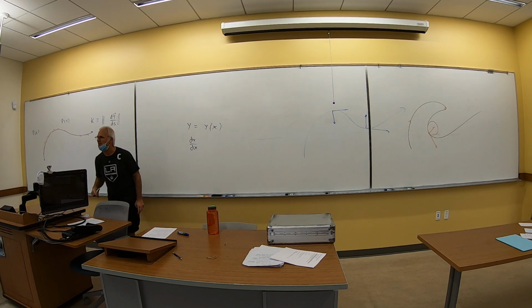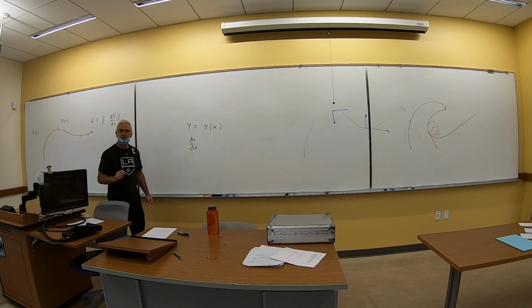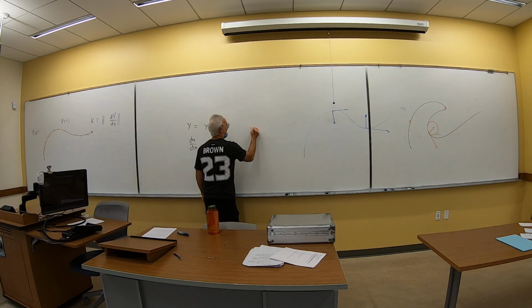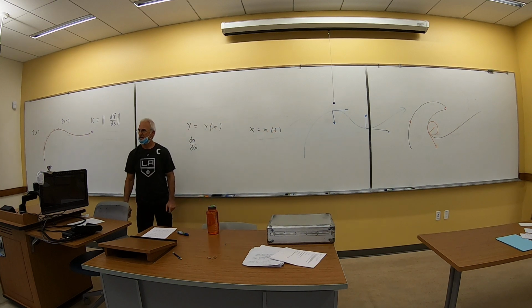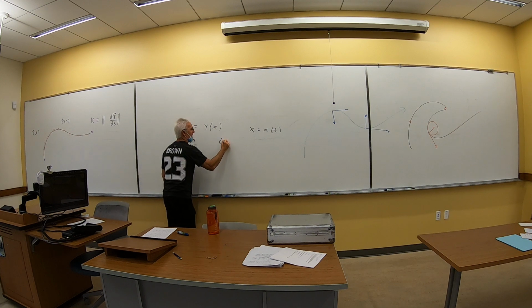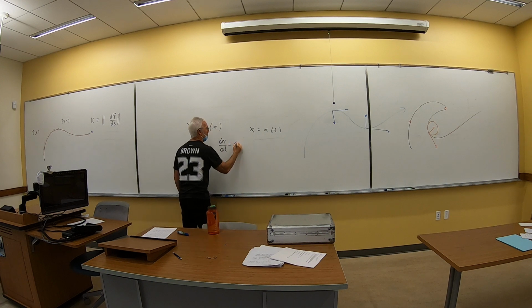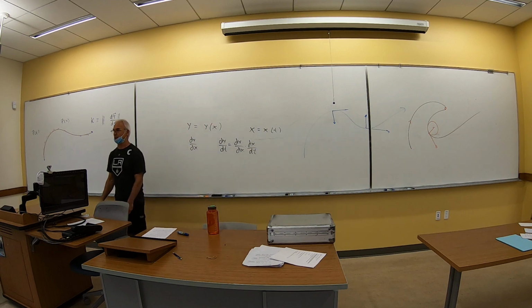Nobody ever writes y of x, do they? We just write y. But what if ultimately x was actually a function of t? Then can I ask the question dy dt? You'd say, yeah, it's the derivative of y with respect to x times the derivative of x with respect to t. This is called the chain rule.